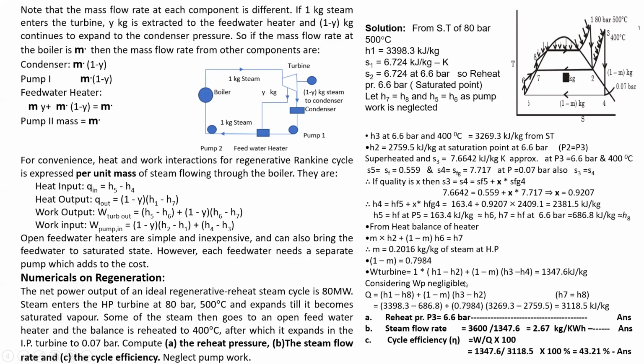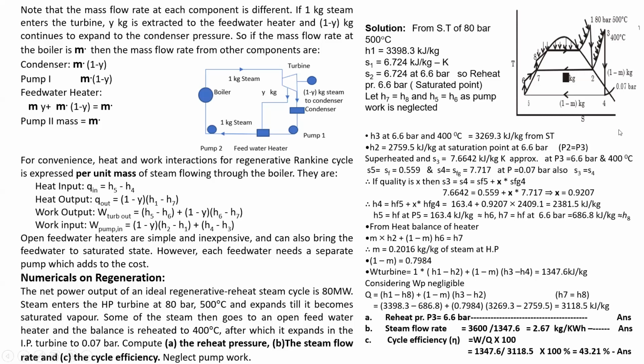Considering WP negligible, heat in is equal to H1 minus H8 plus 1 minus M into H3 minus H2, because part of it has gone for regeneration. So the remaining is H3 minus H2 in the reheater.